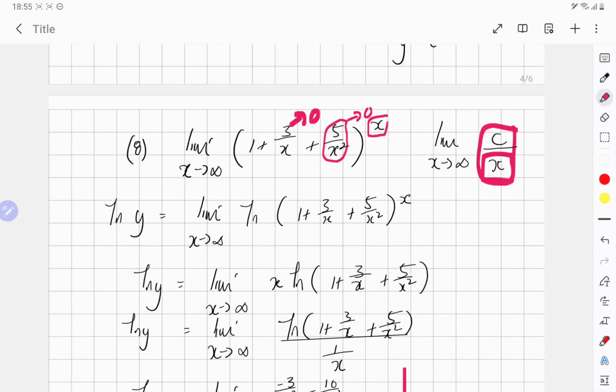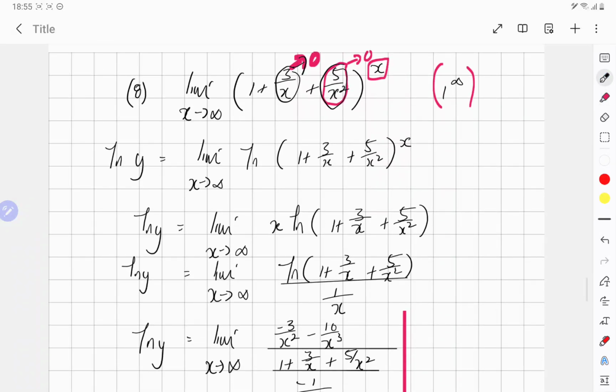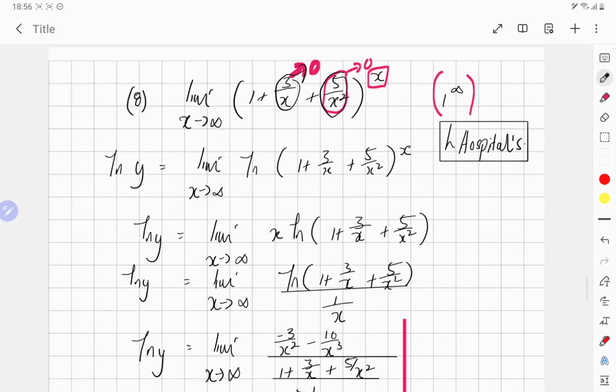But my x is approaching infinity. So I am left with, what am I left with? 1, this fraction approaching 0, the next fraction approaching 0, x approaching infinity. I'm left with 1 to the power infinity, which you know by now is one of your 7 indeterminate forms, and we're going to use L'Hôpital's rule.